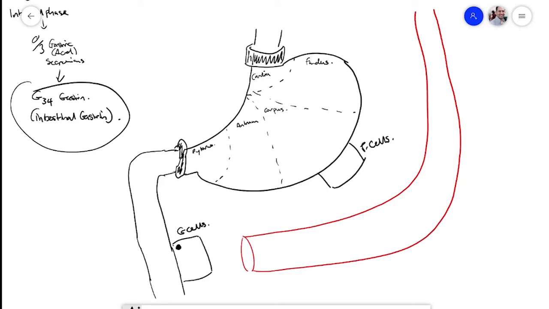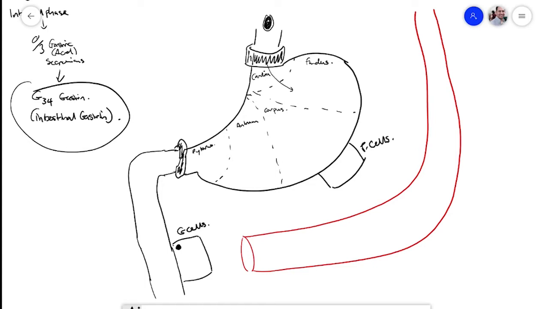Okay, so what happens? We take in a bolus of food. That bolus of food, here it is, comes down through the cardioesophageal sphincter into the stomach, causes the stomach to stretch, causes everything that we talked about in the gastric phase of digestion.